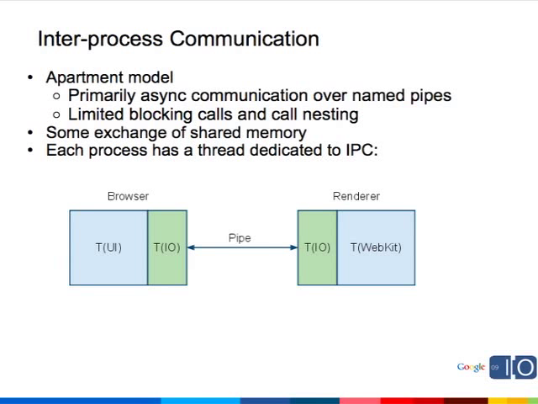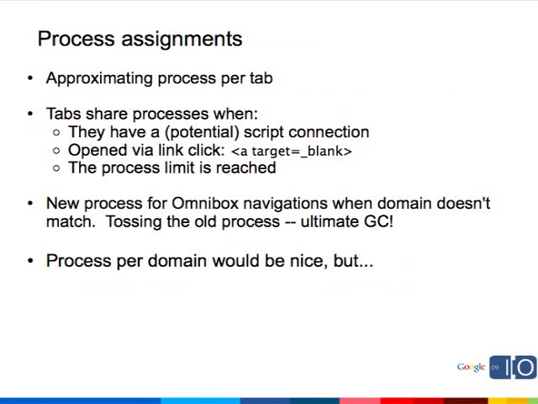So instead, there's a background thread that picks up that queue of outbound requests and sends them along. Meanwhile, the browser's doing other things, possibly expensive things, but the IPC is flowing. And in the renderer, the same deal. A JavaScript application could be consuming WebKit, but we still have an I/O thread that's pumping events and keeping things running smoothly. That's just sort of a bird's eye view of what the inter-process communication looks like.